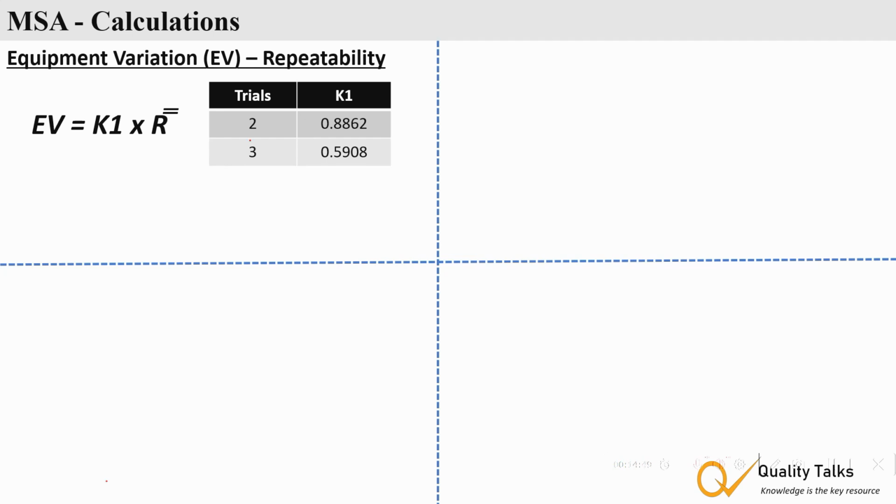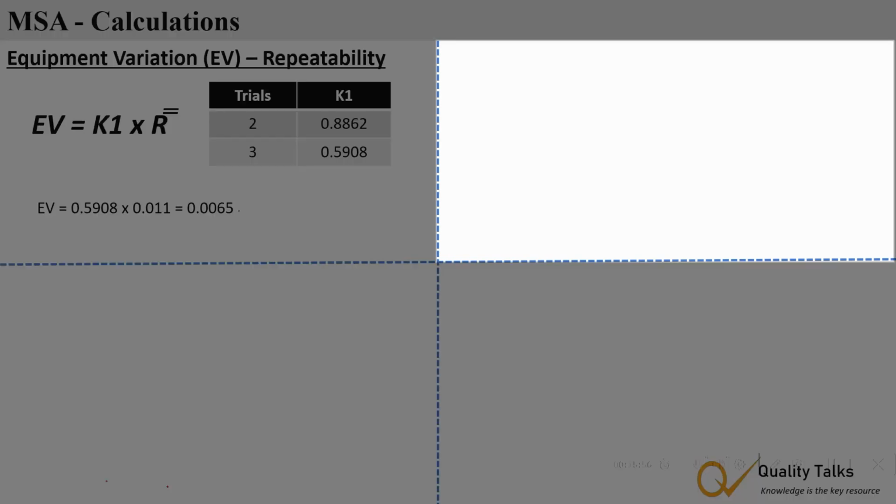In our study, each inspector measured each part 3 times. So K1 will be 0.5908. R double bar we have already calculated. So EV is equal to multiplication of K1 and R double bar. The result will come as 0.0065.